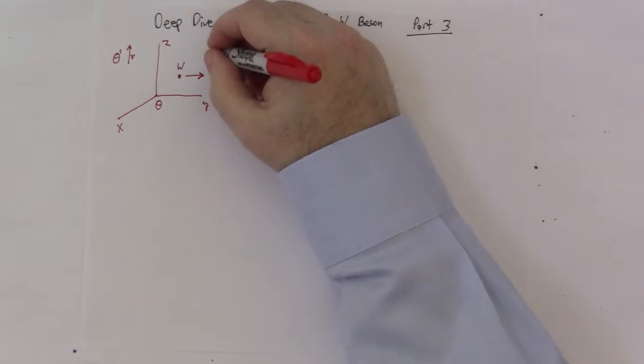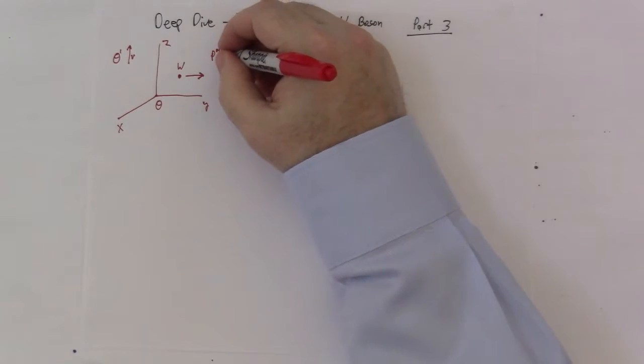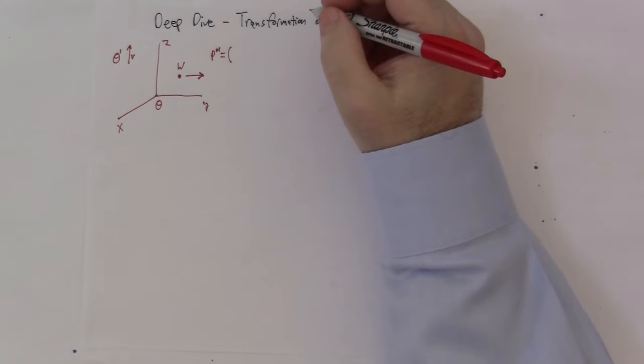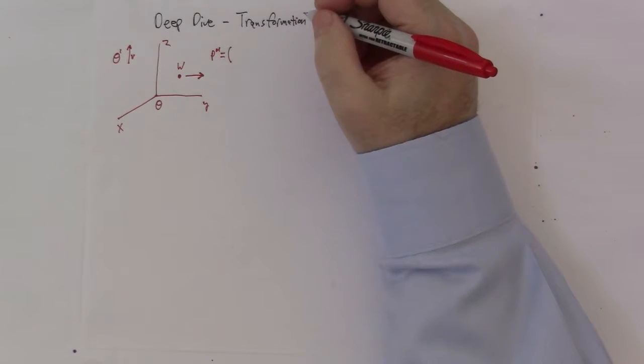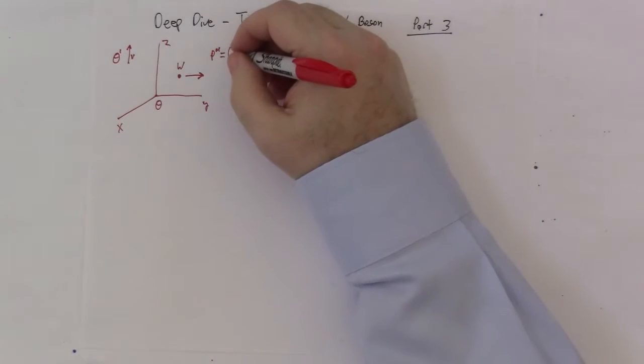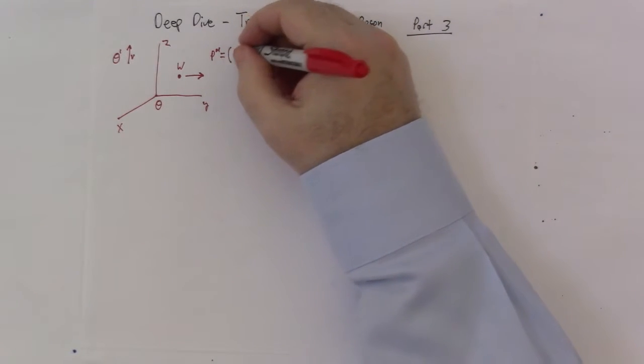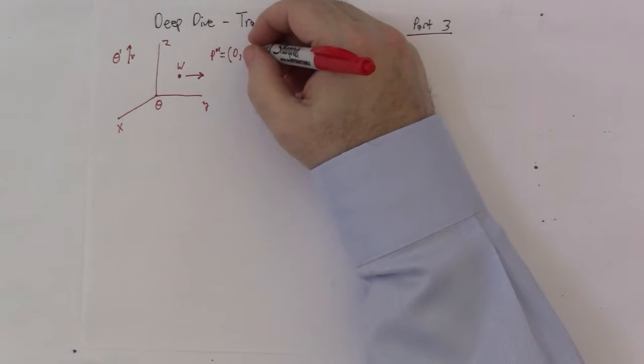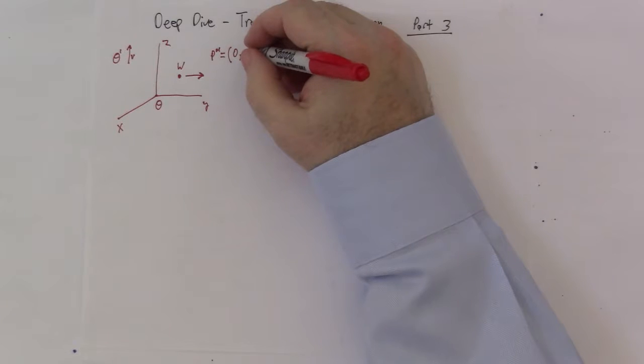Its 4-momentum is given by, and I'm going to use Weinberg's convention throughout the rest of this deep dive, where the fourth component is the time component. He did it in his chapter and I just followed him there. It's an old notation, but just think of 4 as being 0.